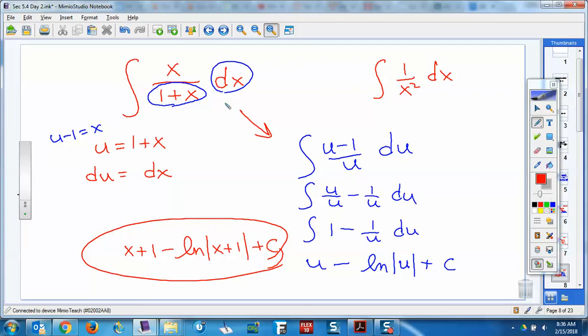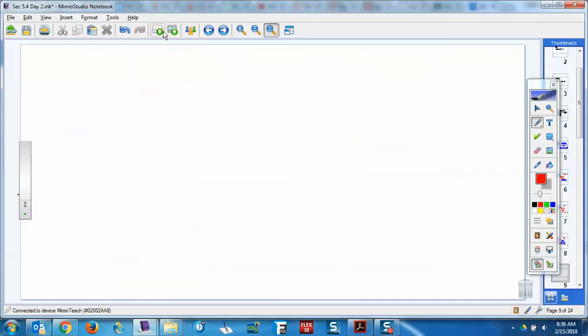All right, any others? Anybody get far enough to have questions on any of the other ones? Where they didn't tell you? Dan. 43. Tell me the problem. Two x plus 3 over x squared plus 3x plus 5, all raised to the 4th.